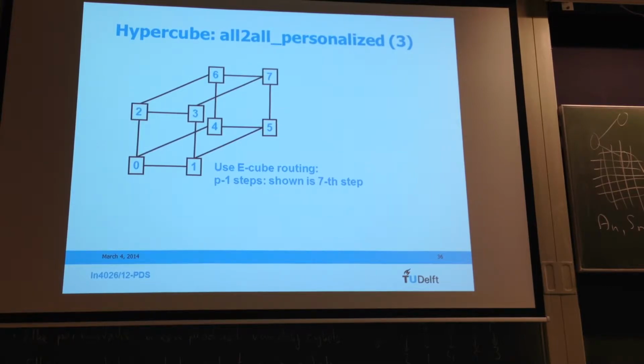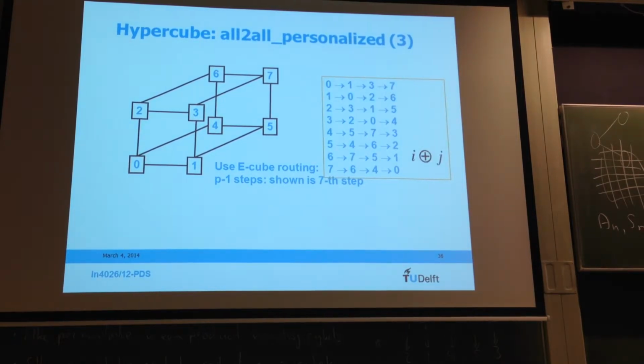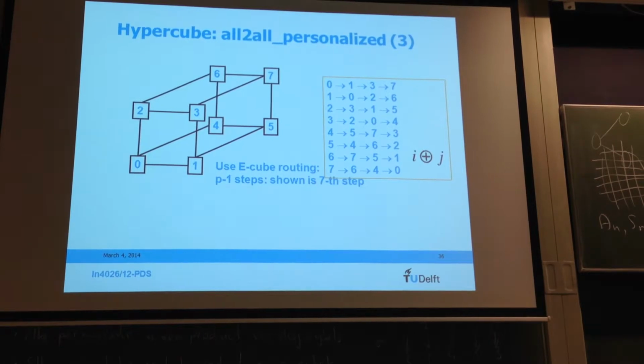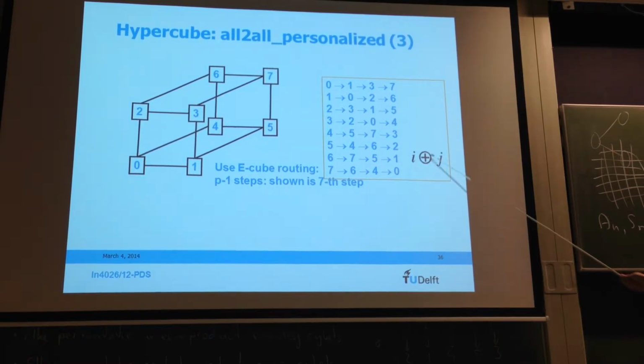And indeed there is a different algorithm which is more optimal, and that's using the E-cube routing. That takes p minus 1 steps, and this one shows only the 7th step, where each step, the communication is made up by the pattern. This is the node number i, and this is a step number.